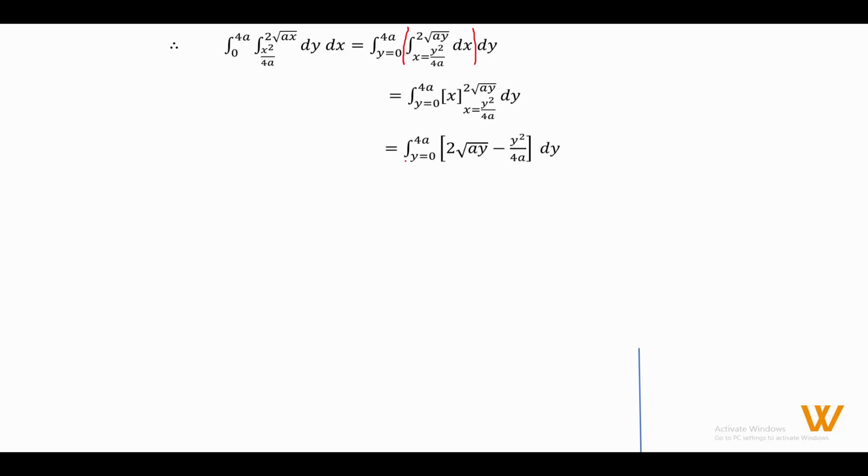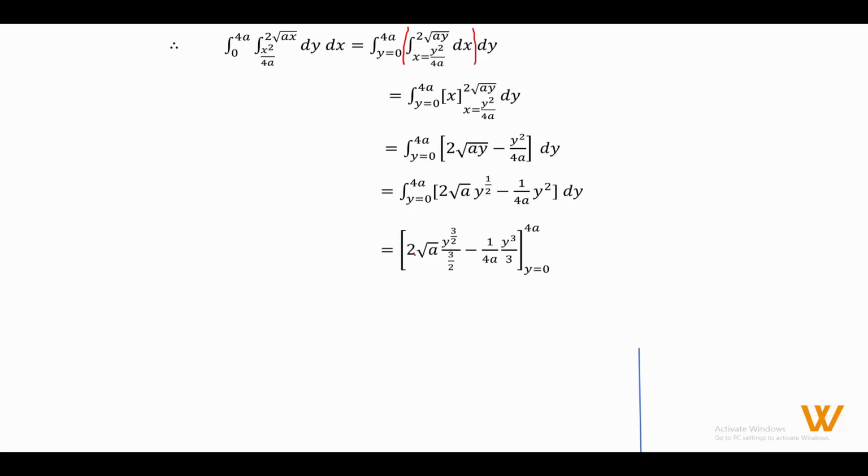Therefore it is equal to integration y varies from 0 to 4a, put the value of x upper limit 2 root ay, minus put the value of x lower limit y square upon 4a, dy. We get integration y varies from 0 to 4a of 2 root a and root y, means y raised to 1 half, minus 1 upon 4a into y square, dy.